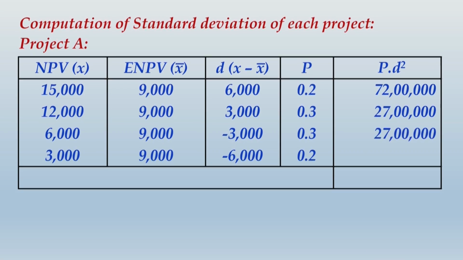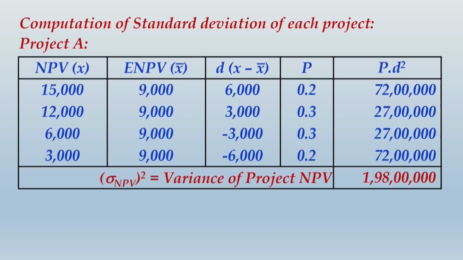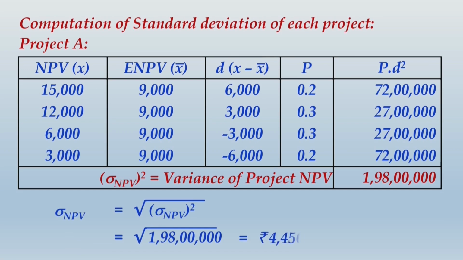Similarly, 27 lakhs for the third one and 72 lakhs for the fourth and last one, and we get the aggregate of P into D square as the variance of the project NPV, and the square root of this variance would give you the standard deviation with respect to NPV, which comes to 4450. So please write up this entire working and then I take you ahead.